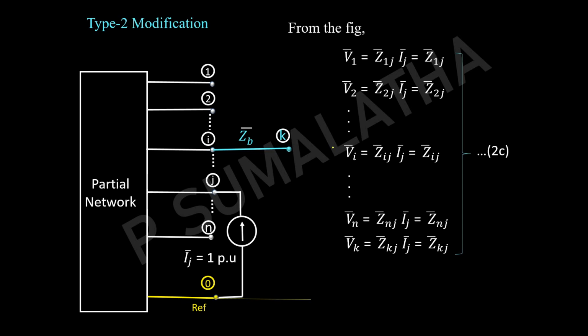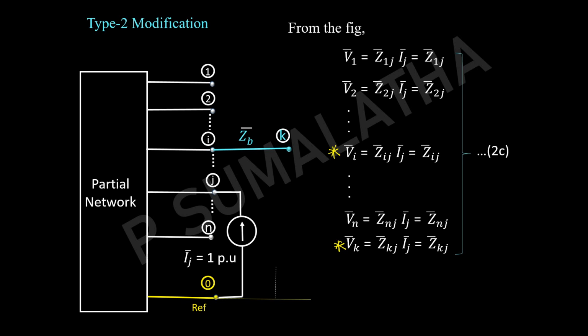Now what is the relation between the voltage with respect to the ith bus and the voltage with respect to the kth bus under this condition? Now if you see, i and k are connected directly. Current is not there. Current is 0 for both cases. Both are connected using the impedance Zb.